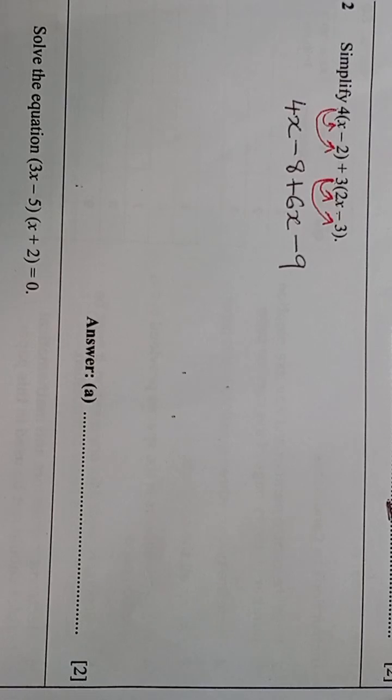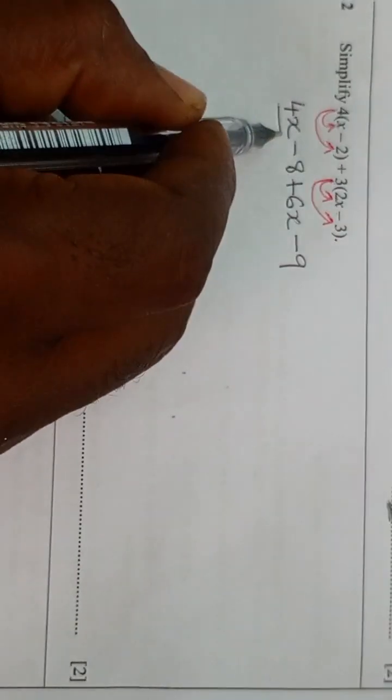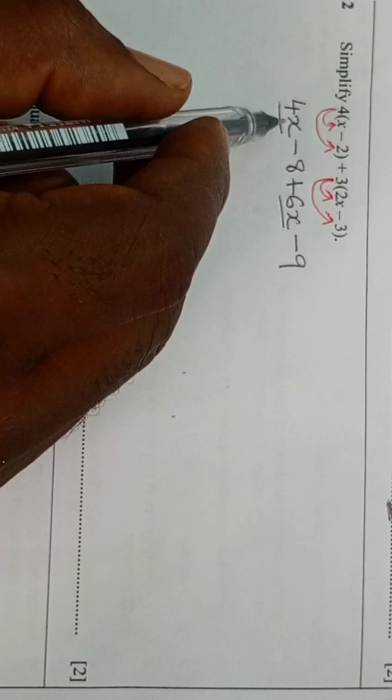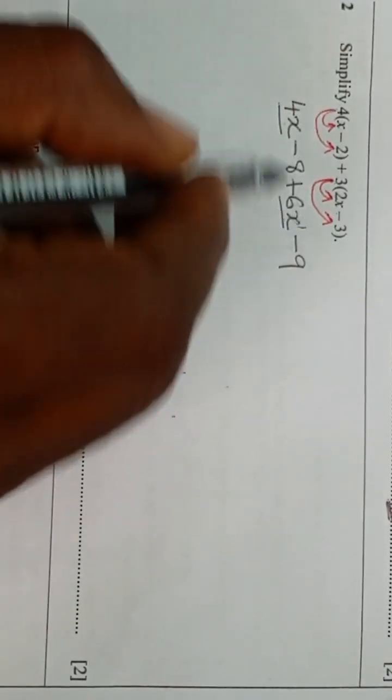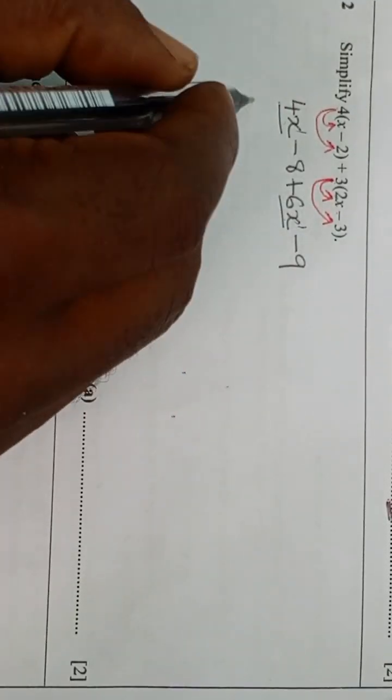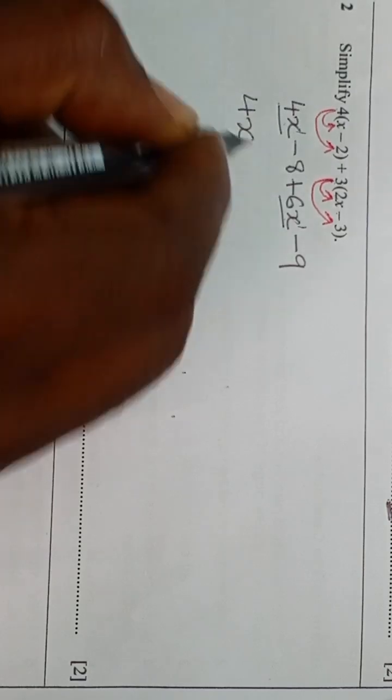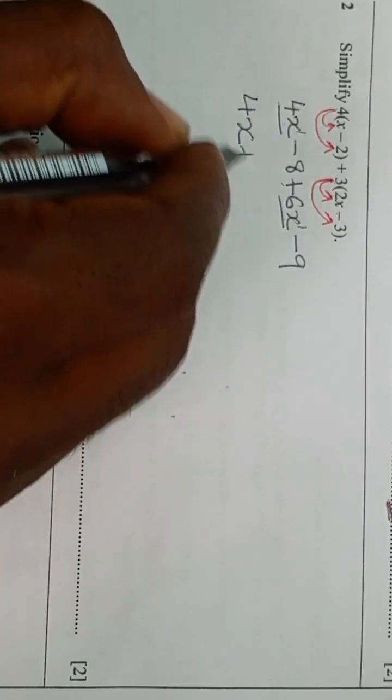From there, we are going to collect the like terms. Remember that like terms are the terms with the same letters and the same powers. In this case, 4x and 6x have the same letter and the same power, so these are like terms. So it is 4x plus 6x.